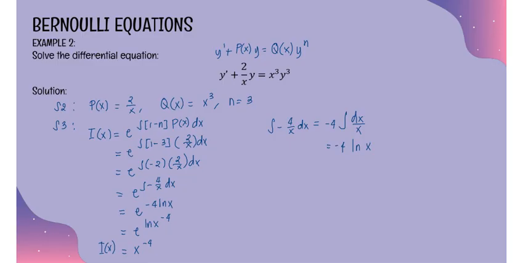of the general solution formula, which is again y raised to 1 minus n is equal to 1 over I of x times the integral of 1 minus n times q of x times I of x dx, plus c. And what was our n there? n is again 3.